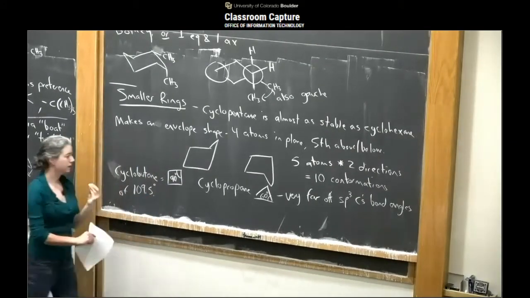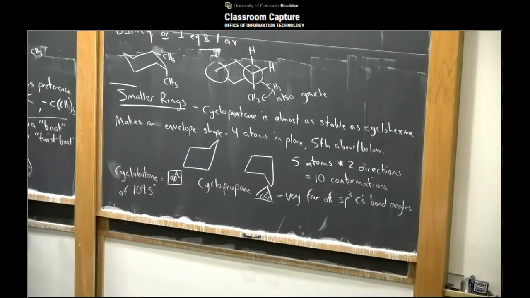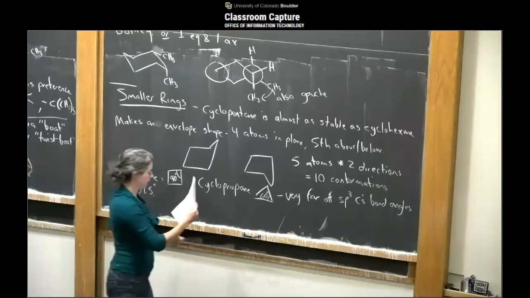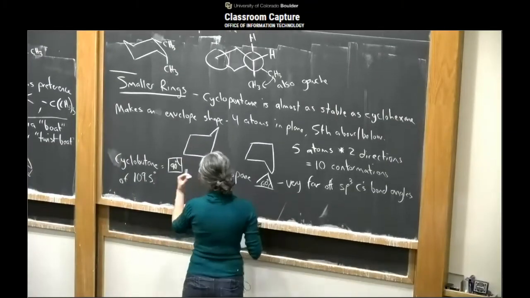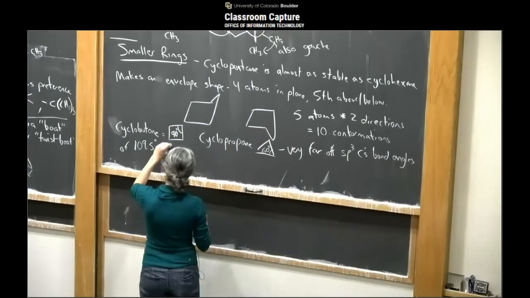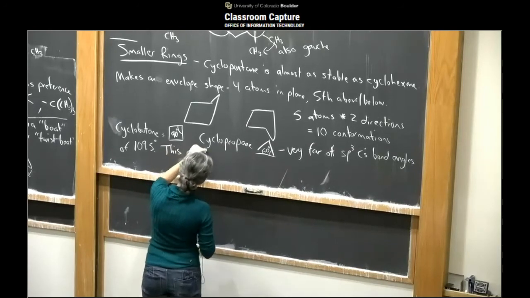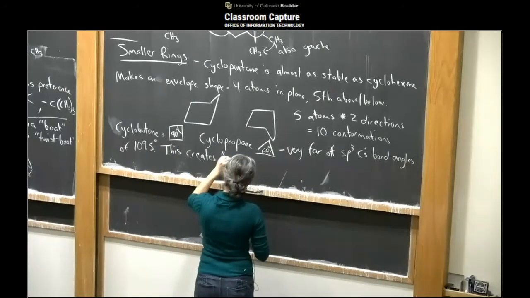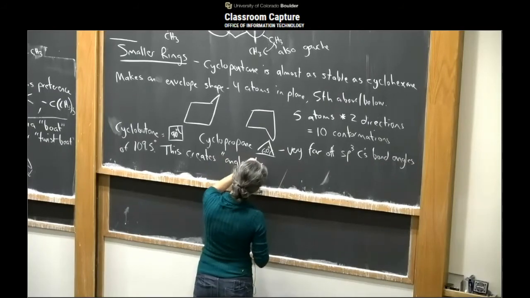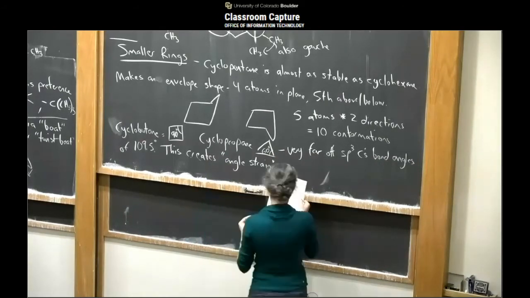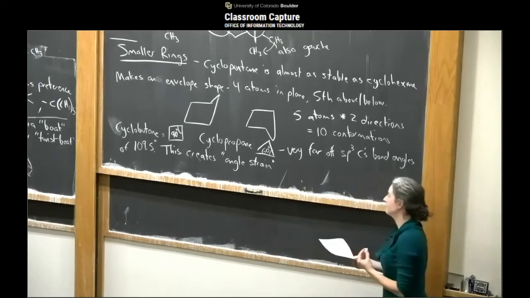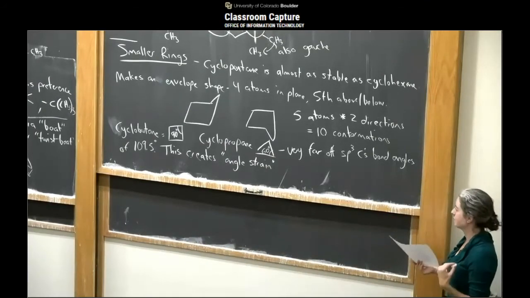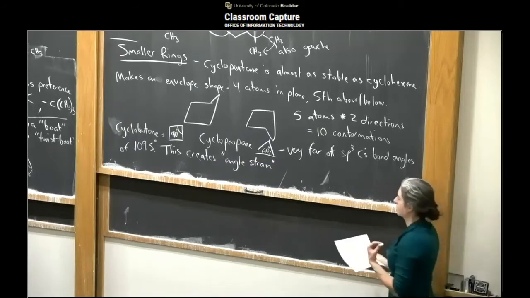Okay, so how do we account for this really huge discrepancy, something that's almost half the size of the bond angle that we would really want to have? So this is creating what's called angle strain, which is basically we're forcing the atom to have bond angles that are not exactly what it wants.